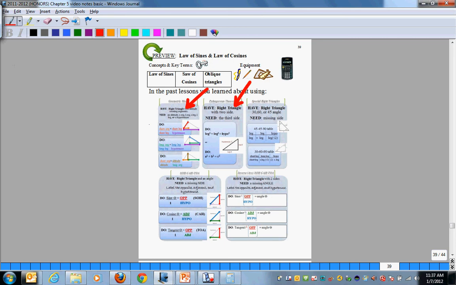If you have a right triangle, either a 30, 60, 90 or 45, 45, 90, you can use the 30, 60, 90 and 45, 45, 90 tables. If you have a right triangle with a side and any kind of angle, you use SOHCAHTOA. If you have a right triangle with two sides and you need an angle, you can use inverse sine, cosine, and tangent. But if you look very carefully, all of these depend on starting with a right triangle.